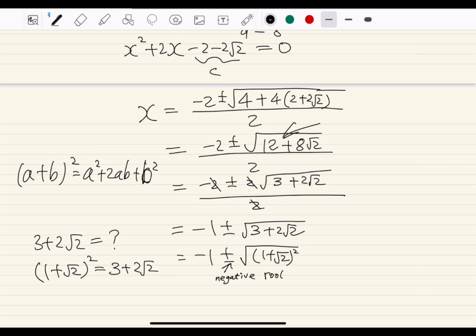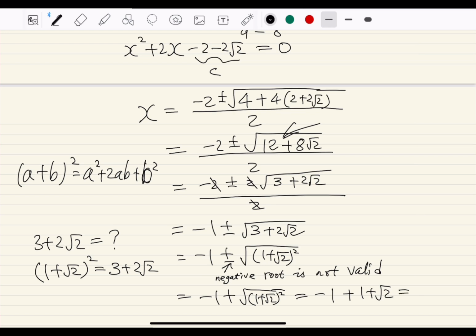Therefore, our answer can only be minus 1 plus the square root of 1 plus root 2 squared. Since everything inside is positive, we can cancel out the square root with the square. So we have minus 1 and then plus 1 plus root 2. Cancel out minus 1 with 1, and we find x equals root 2.